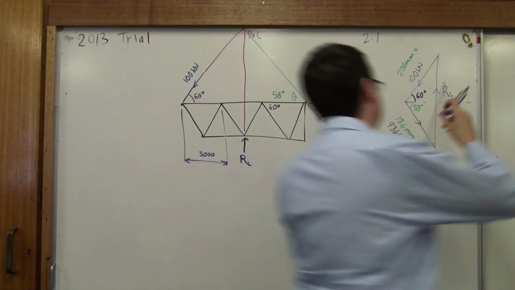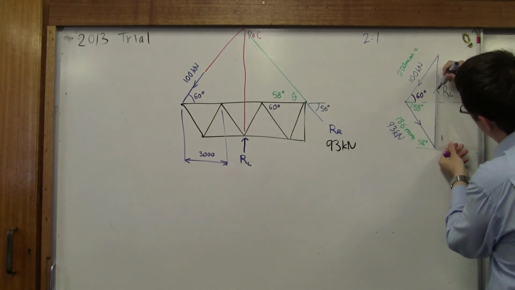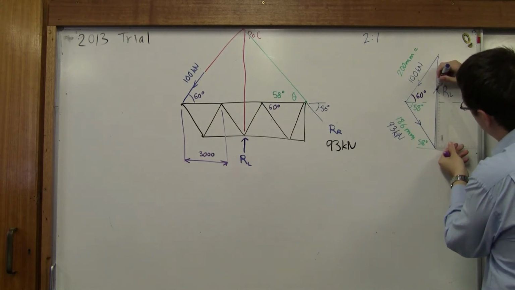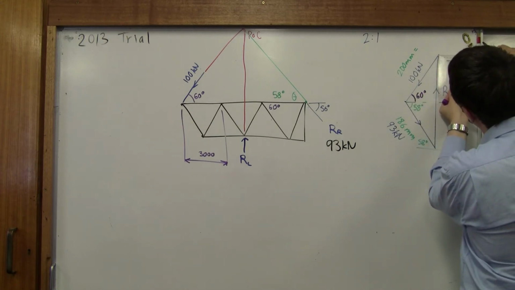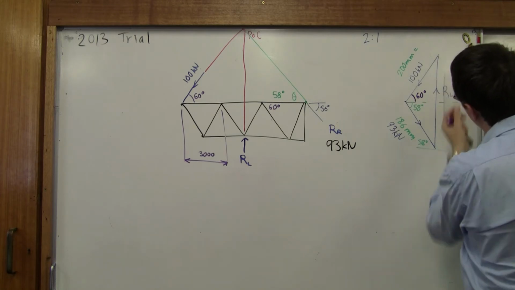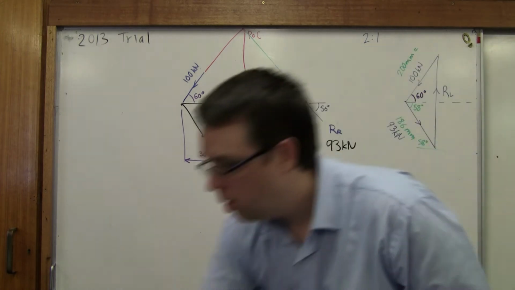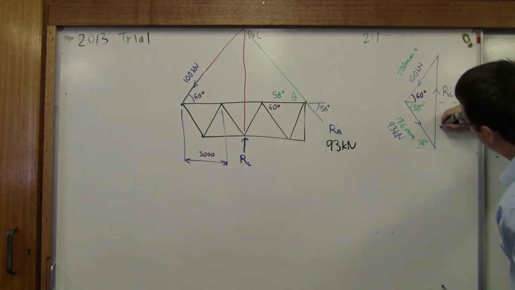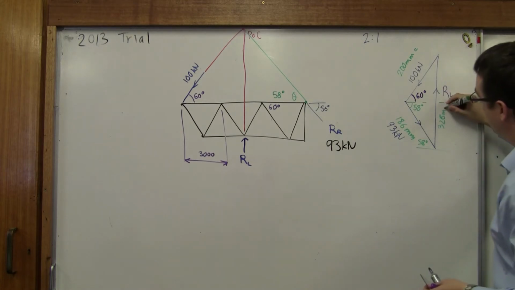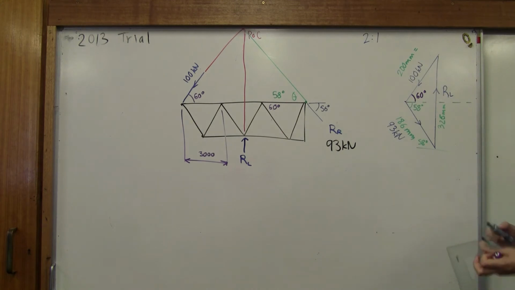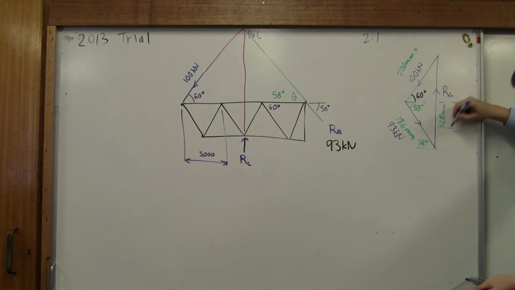Let's measure it. 326 millimeters. So we're going to have 150 plus 13, which is 163 kilonewtons. Excellent. Thank you for looking that up.